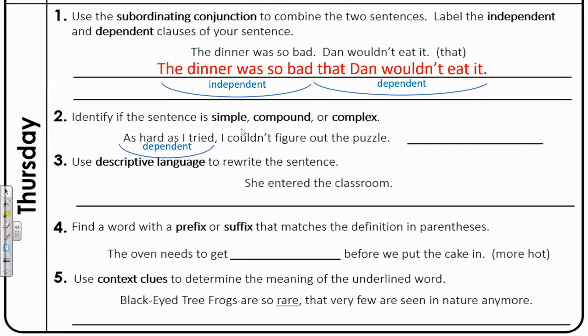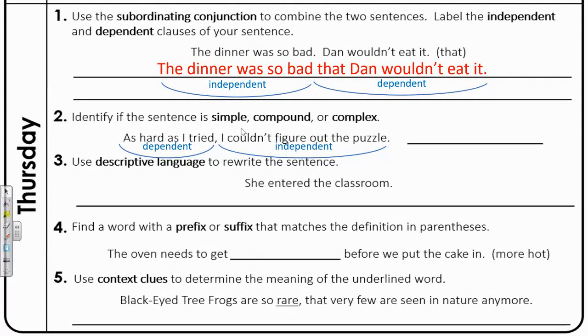But the other clause, I couldn't figure out the puzzle. Could that be a complete sentence? I couldn't figure out the puzzle. Absolutely. Therefore, since it could stand alone on its own, it's our independent clause.